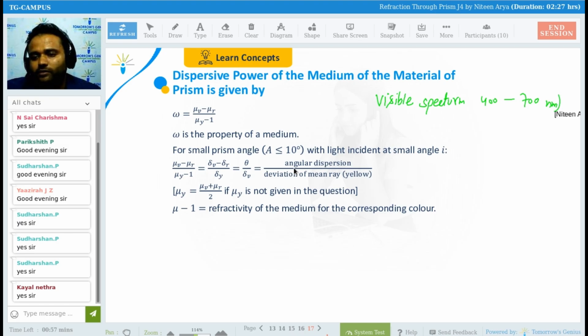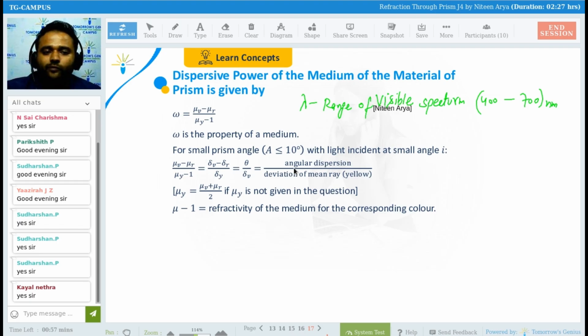That is the wavelength range of the visible spectrum. Clear? So if I want to find the mean, the mean is in between somewhere. Basically, it is going to be 400 and another value. But I don't know the different values. So what can I do?